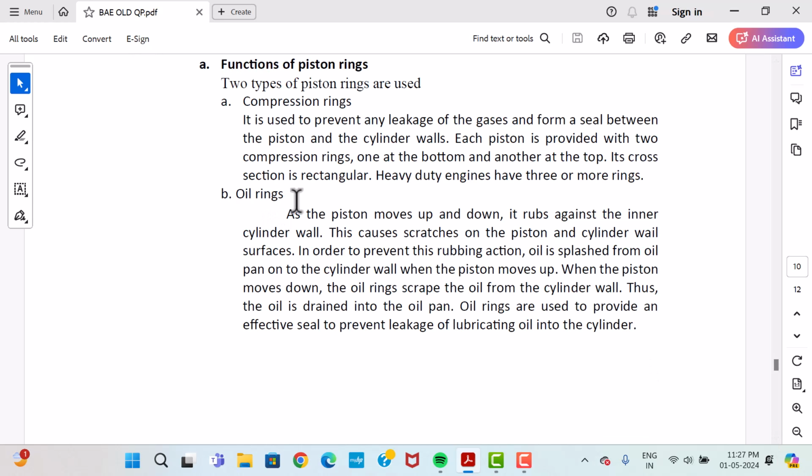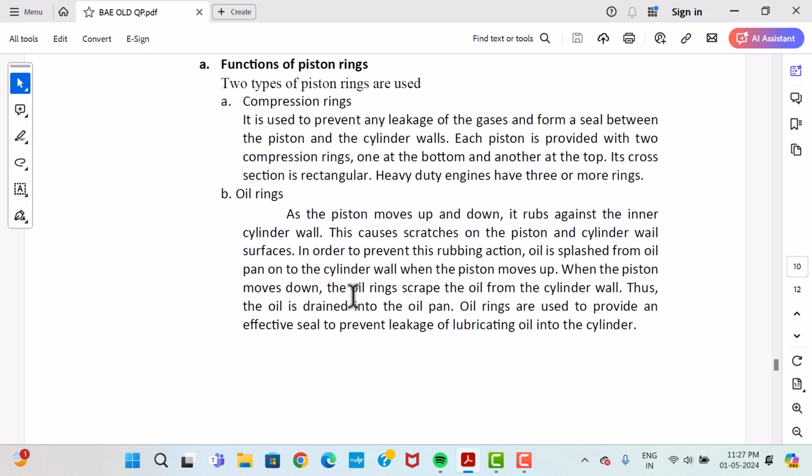The second ring is called the oil ring. As the piston moves up and down, it rubs against the inner cylinder wall. This causes scratches on the piston and cylinder wall surfaces. In order to prevent this rubbing action, oil is passed from the oil pan onto the cylinder wall when the piston moves up.